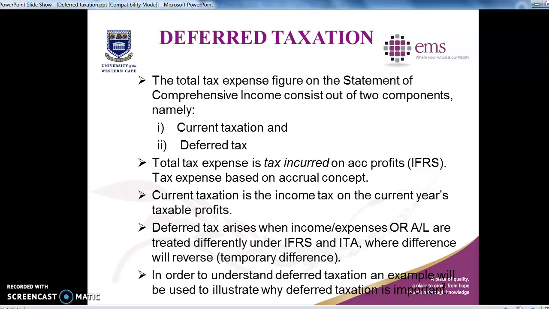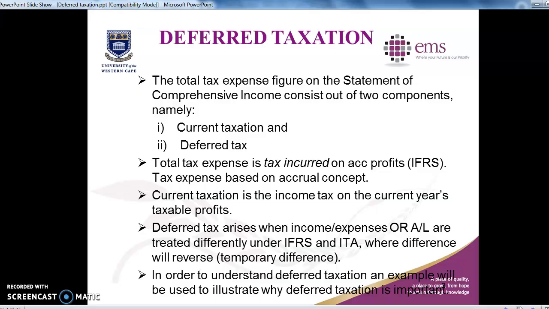Maybe in year 1 the item is recognized in terms of accounting, and in year 2 the income tax will then recognize the item. So the transaction is treated exactly the same, however the timing of when it is recorded or charged differs. So let's go back to our total tax expense.